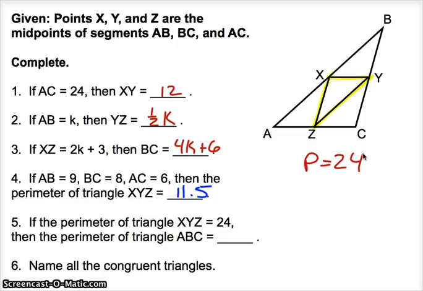It says, find the perimeter of triangle ABC. Well, triangle ABC is the larger triangle on the outside. It doesn't give me any of the segment values of the triangle inside, but I know that for every piece on the small triangle, the outside triangle is twice the size. So the perimeter for the outside triangle is just going to be twice as big as the perimeter for the triangle on the inside, so it should be 48.